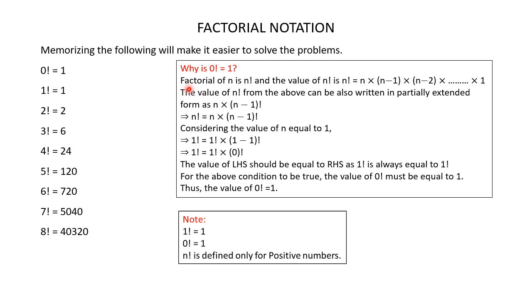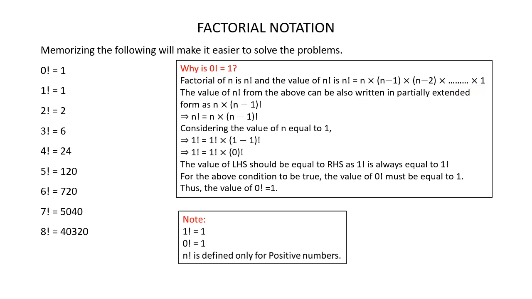Now, factorial of n is nothing but n factorial, and the value of n factorial is equal to n multiplied by n minus 1 multiplied by n minus 2 and so on till you reach 1.